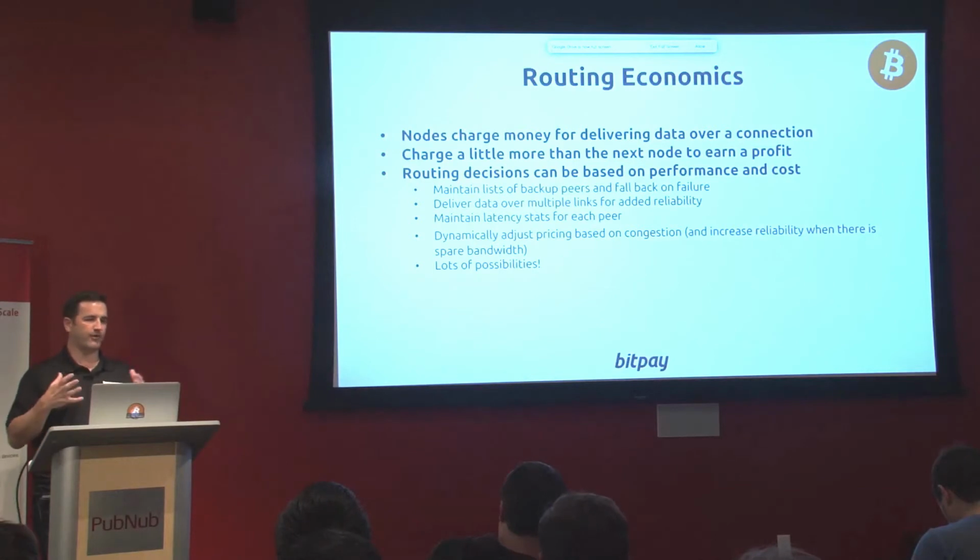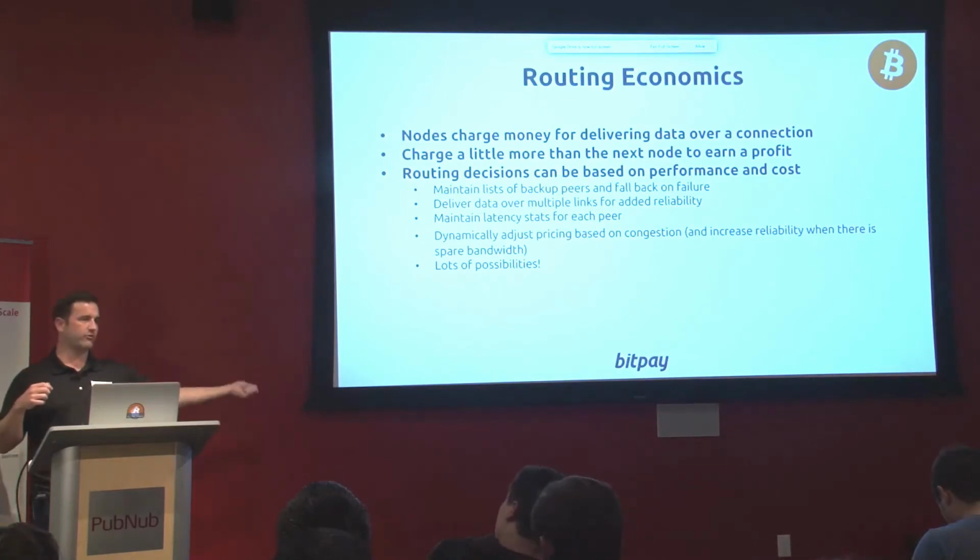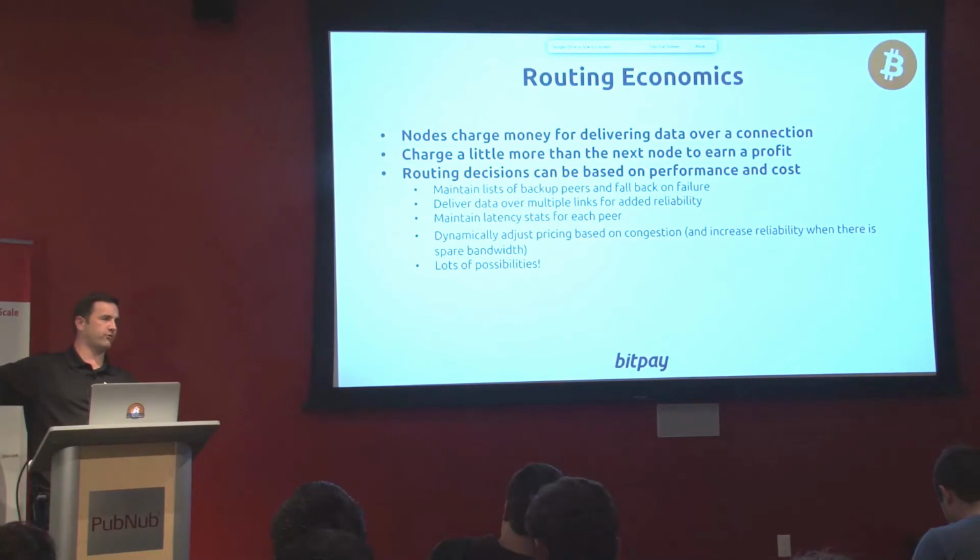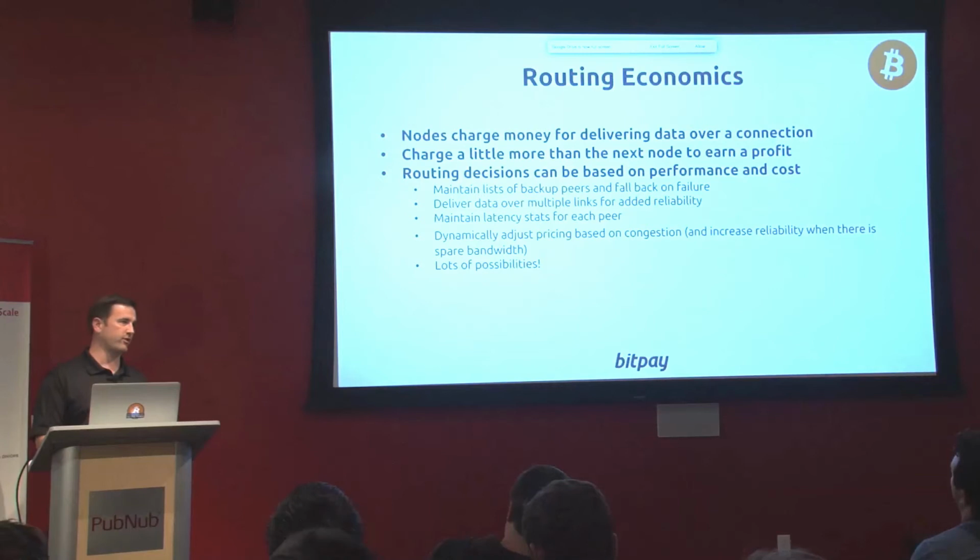If I'm a router and you send me some bytes to deliver over this connection, then I want to charge you a little bit more money than what my neighbor over here is charging me to forward the data. That way every hop in a connection path can choose whatever pricing strategy they want, and every node can make a little bit of money in routing that data.